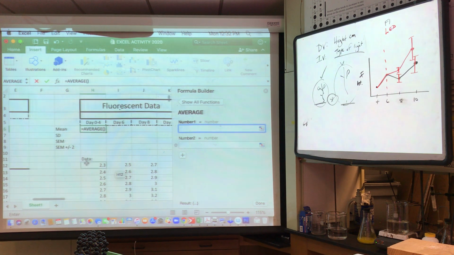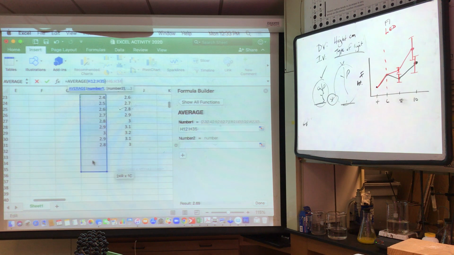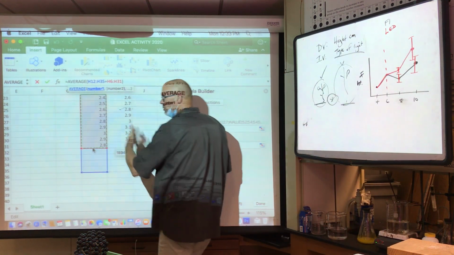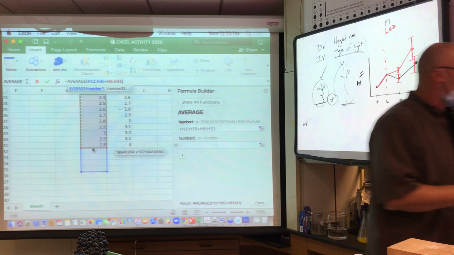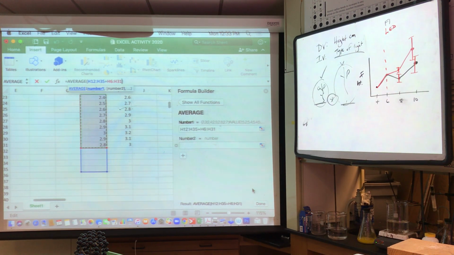I'm going to select 2.3, and I'm going to try to just scroll down. Even if I over scroll to an area that doesn't have numbers, it won't count that as anything. And I'm going to hit done, I think.